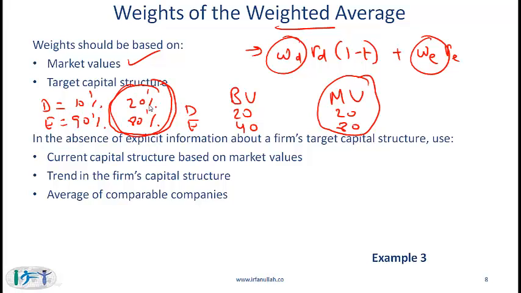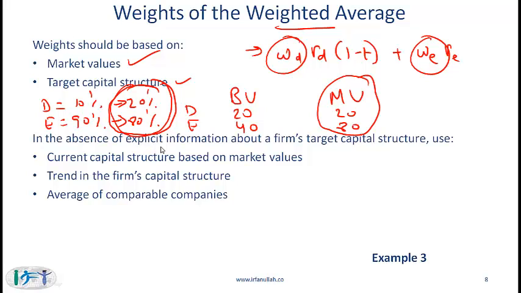And obviously, when we are comparing the return on a project that we'll do in the future, it needs to be compared with the cost of capital based on the proportion that the company will actually be using. In any case, point to remember: when given a choice between current capital structure and target capital structure, you need to use target capital structure in coming up with the weights.